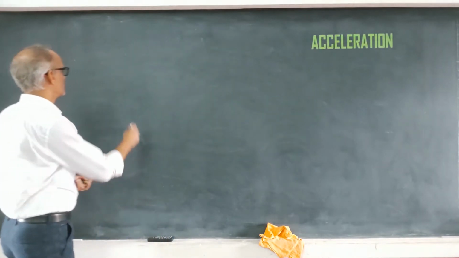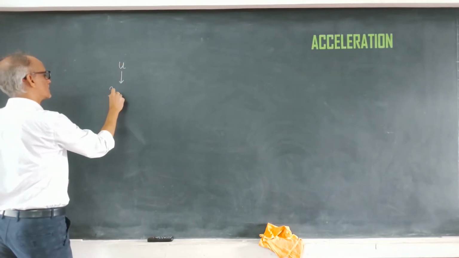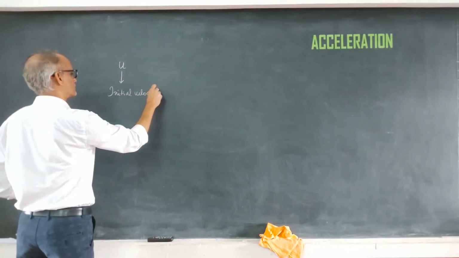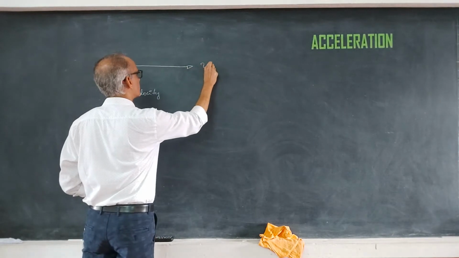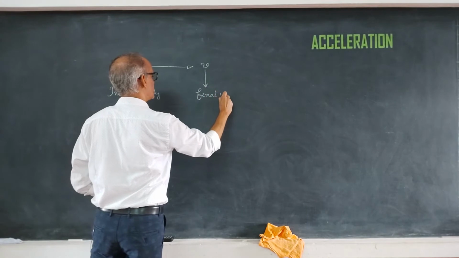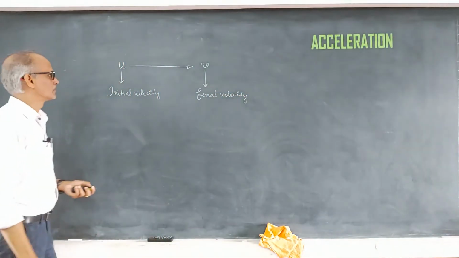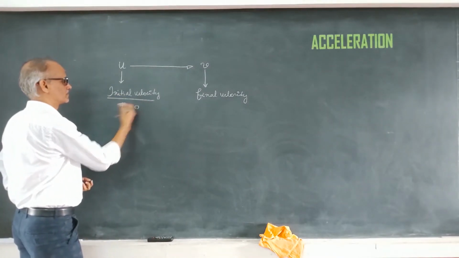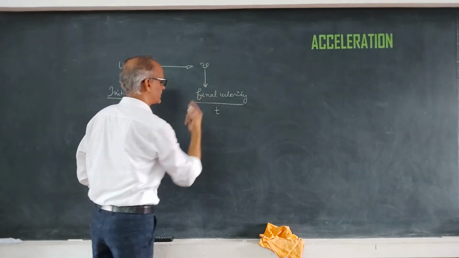So, let us consider u is the initial velocity, and this velocity changes to v, and this is the final velocity. u is the initial velocity when time t is equal to 0, and v is the final velocity after a time t.